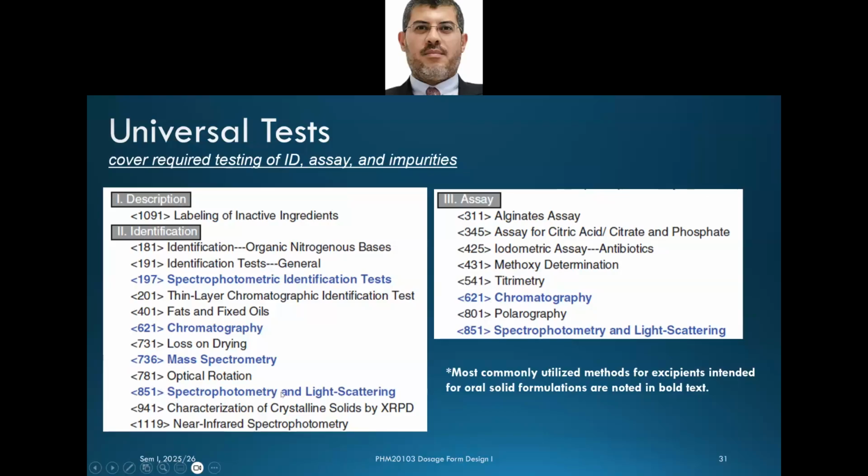The wettability of the excipients affects the dissolution at the end. Better wettability, then better dissolution. Less wettability, problem in dissolution. Things like density or porosity will affect the hardness of the tablets, for example, and compressibility of the tablets, and so on. That's why you need to test them.